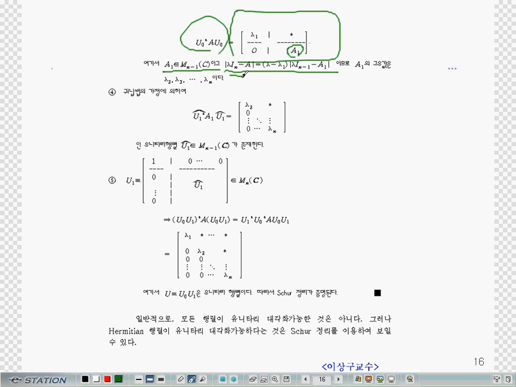And one other important thing is that the characteristic polynomial of this matrix can be written in this way. So the very important thing is the eigenvalues of A1, what are they? The roots of these two characteristic polynomials are the same.